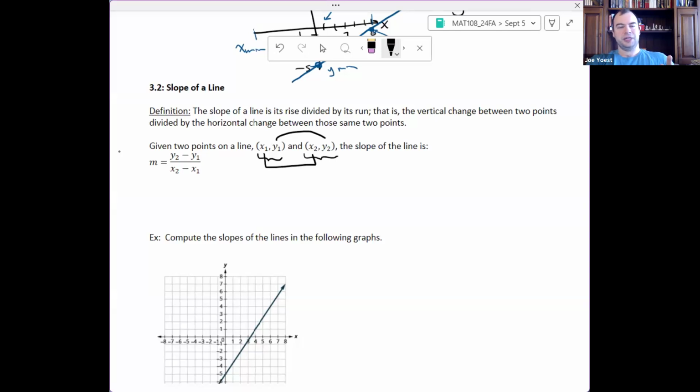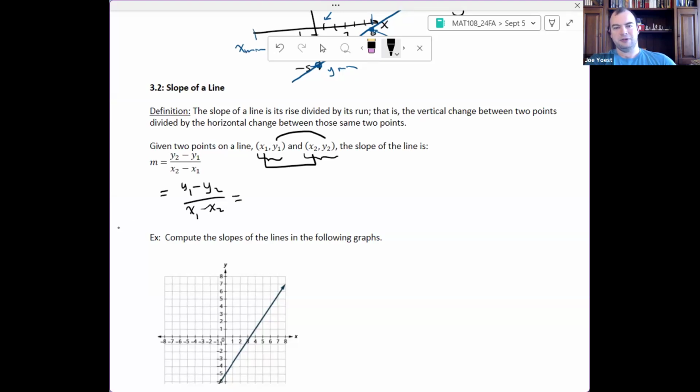Note that if we swap the two points, we interchange the order in the numerator and also in the denominator. This is the same slope.